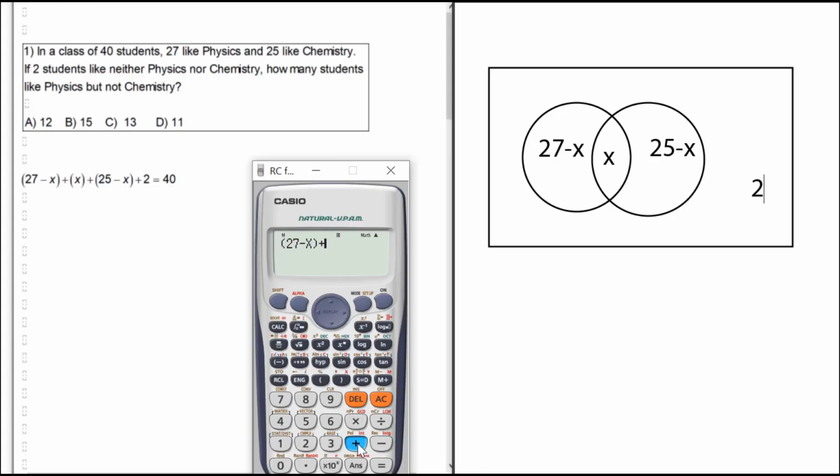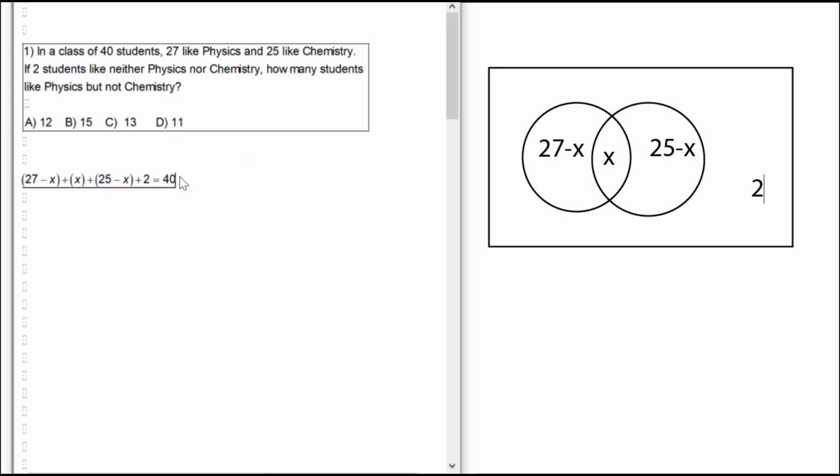So we will just type in the equation that we have just written. And shift calc equals. So now we see that x equals 14.